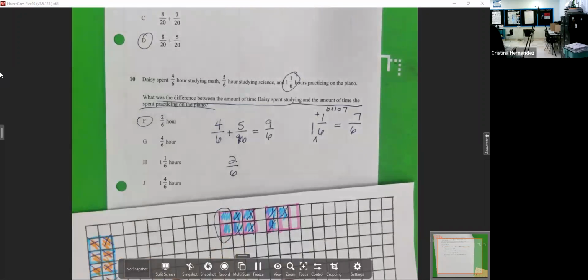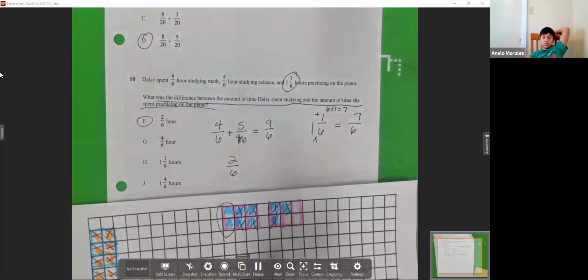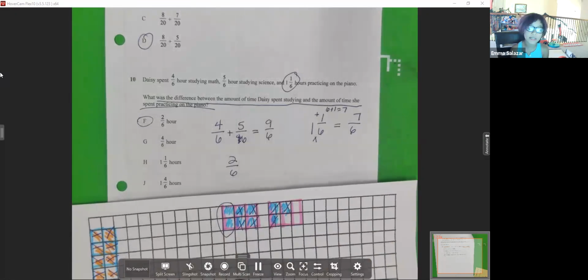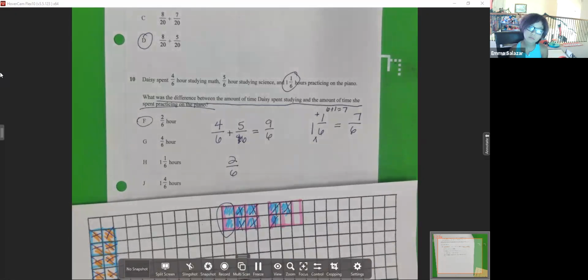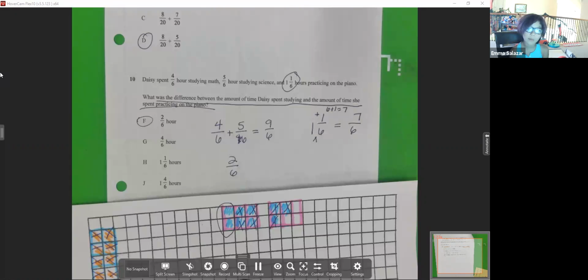That's what I got, but I used a different technique. What did you use? I did the candy bar technique. So what I did is I drew 2 candy bars, 6, and then I crossed out one whole, and then I drew a different kind of candy bar with 9, and I crossed out 6, and I got left with 3, and then I minus that with 1.